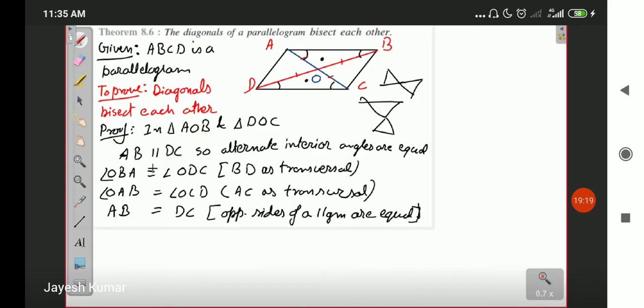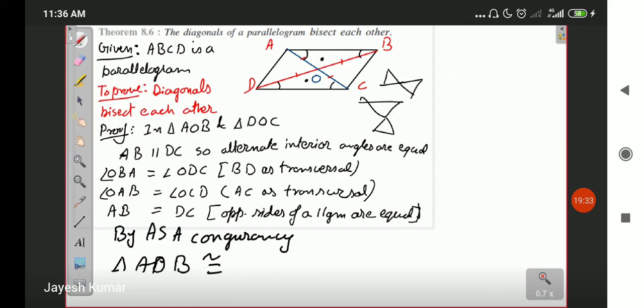Okay, so in this manner, by ASA congruency, both of these triangles will be congruent. Triangle AOB is congruent to triangle DOC.